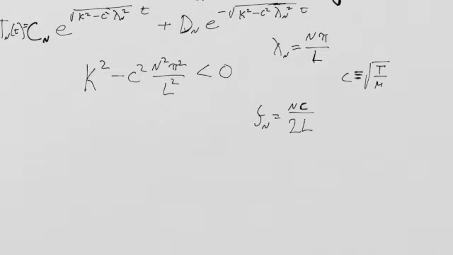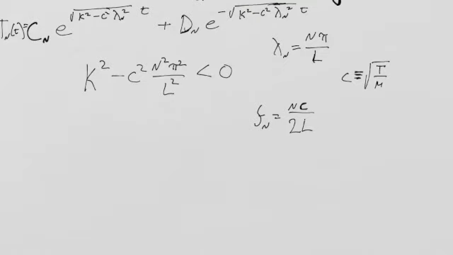So this is the criterion for oscillation. If the damping is so strong that this is not true, then all of these expressions are going to be real numbers. So this will be a real number, and that will be a real number.